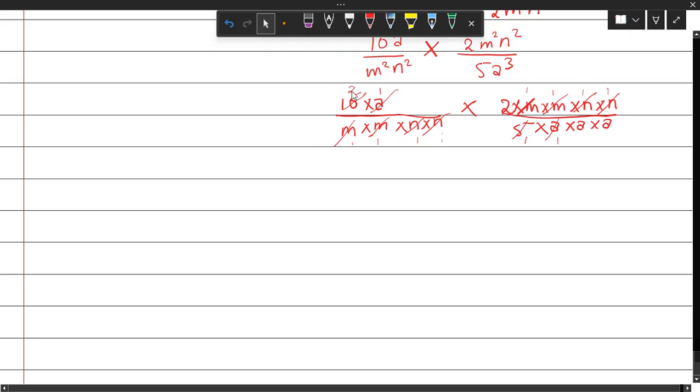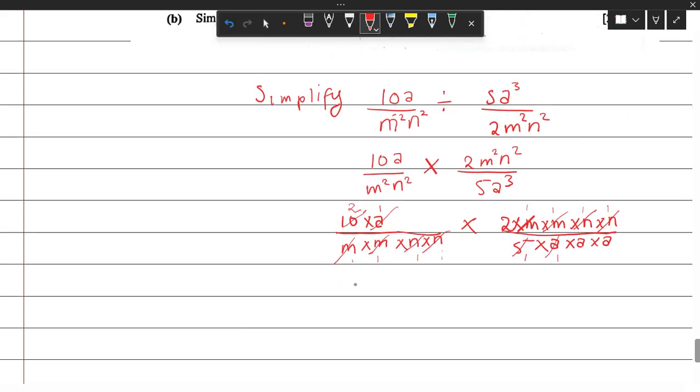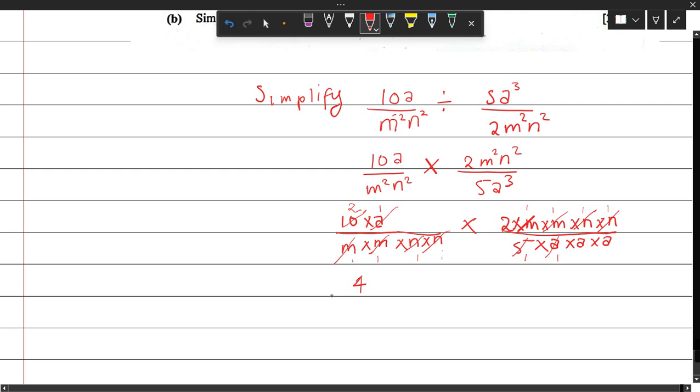On the numerator we have 2 multiplied by 1, multiplied by 2, multiplied by 1, multiplied by 1, multiplied by 1, multiplied by 1. So in the numerator you have 4, divided by the denominator, 1 by 1 by 1 by 1 by 1 by 1 by a. So it will be a squared. So this is the answer, simplified.